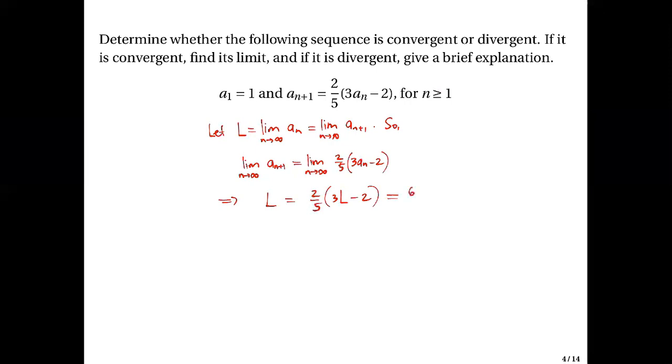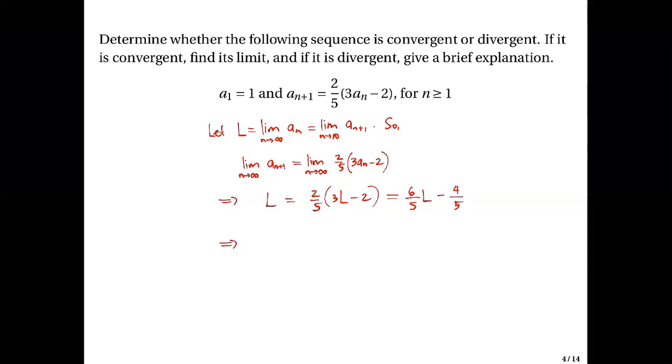We'll get 6 over 5L minus 4 over 5. Okay? And then from here, all we need to do is to isolate L. We just solve for L and we'll have the limit.